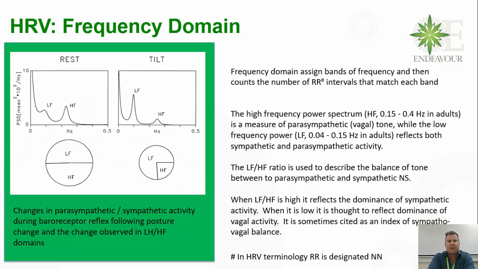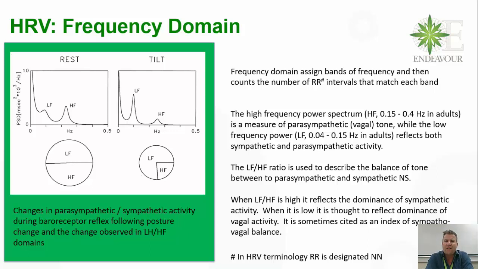Another significant thing that they look at in HRV is the frequency domain. Now, this gets a little bit technical, but we're still talking about RR intervals, although in heart rate variability circles, the RR interval is designated an NN interval. But for the sake of simplicity, let's stick with RR.